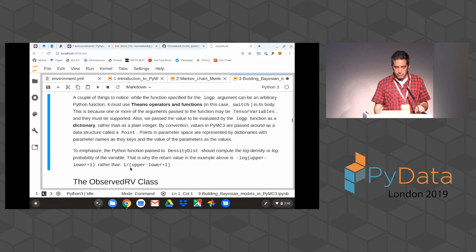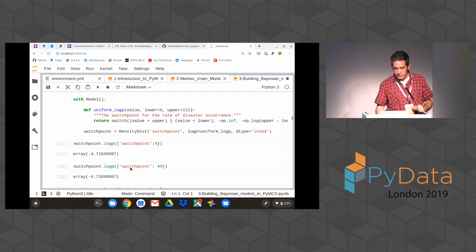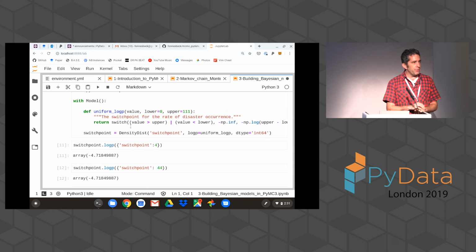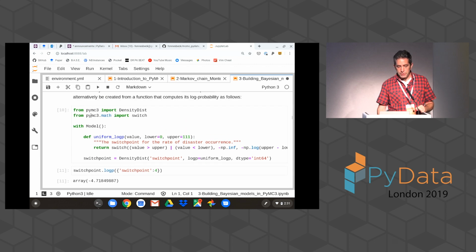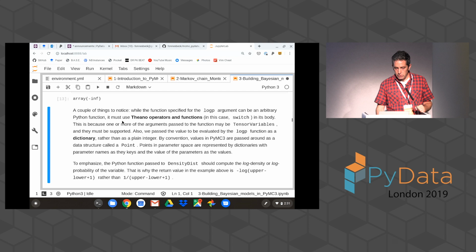The only things you have to be aware of is that once you get into designing your own probability distributions, you have to know a little bit of Theano. It requires you using Theano functions. The switch statement in here, notice I used the switch method rather than a Python if-else, and that's because that's a Theano function. We've encapsulated a lot of them in our PyMC3 math module so that they're at your fingertips, but you want to be able to code in a little bit in Theano.